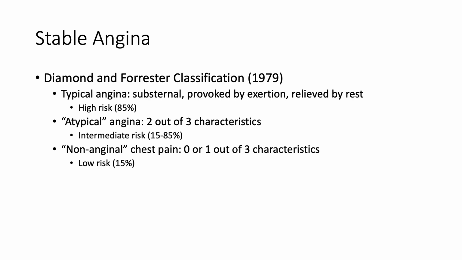If you only have 2 out of the 3 characteristics, they called that atypical angina, and that put you in this intermediate risk of 15 to 85%. And if you had 0 or 1 out of 3 characteristics, they called that non-anginal chest pain, and that was low risk, 15% or less pretest probability.